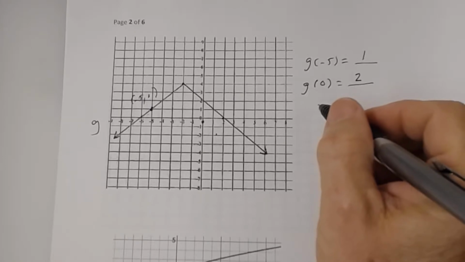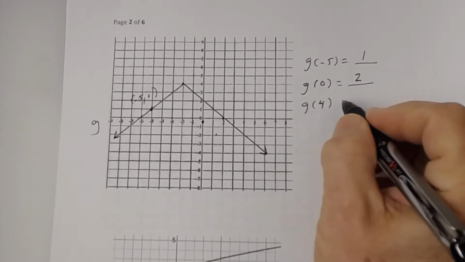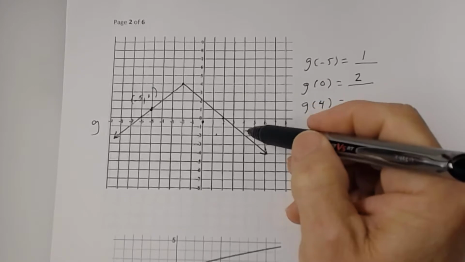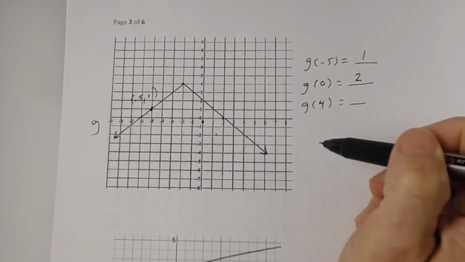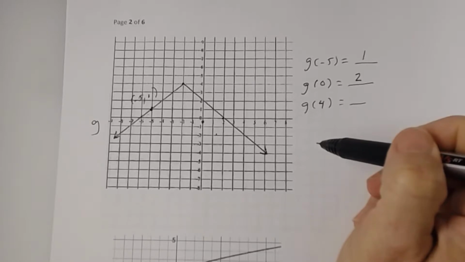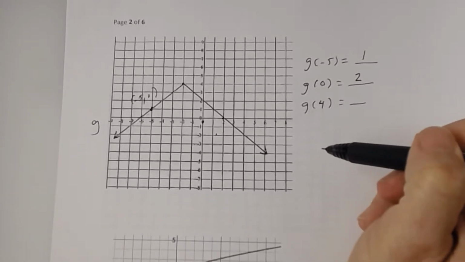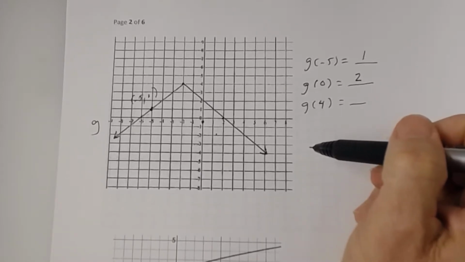Let's find g of 4. What do you think that is? Did someone say negative infinity? I need to mention this, and guys, this happened before.